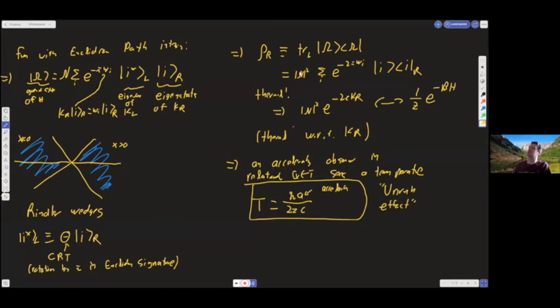This is just defined to be whatever it needs to be so that this state has norm 1. And so I can preserve that the state has norm 1 in the continuum limit. It's true that there'll be various divergences floating around here that somehow have to be absorbed. And so this N will have some divergence in it in the continuum limit, but it'll be the right divergence so that the state is normalized. Okay, thanks.